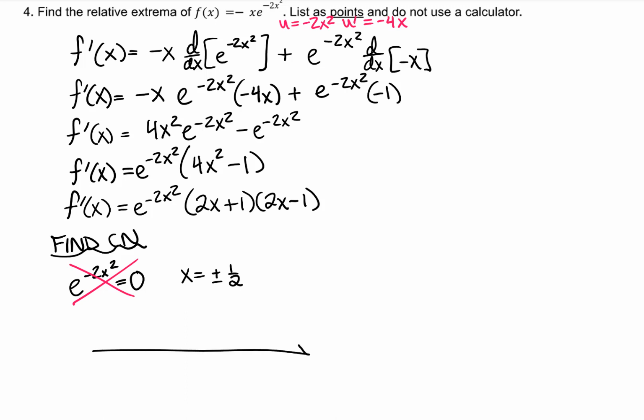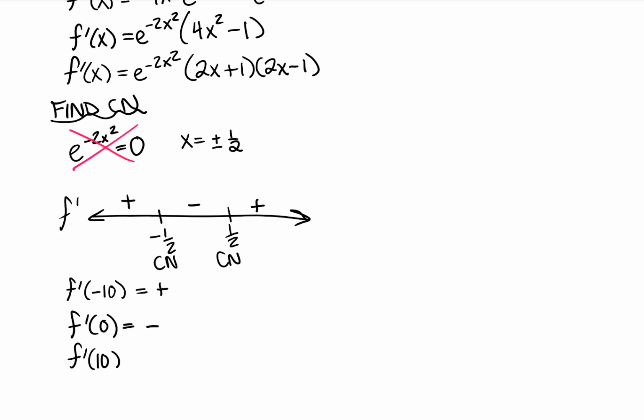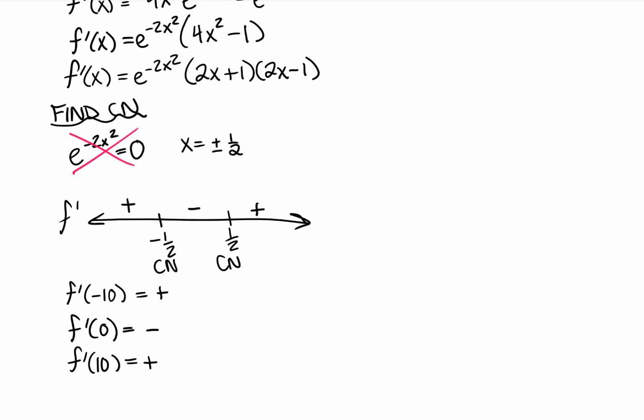Now it's time to make an f prime number line. So we know that our critical numbers negative 1/2 and positive 1/2 give us relative extrema. At negative 1/2 we have a relative max, and at positive 1/2 we have a relative min.